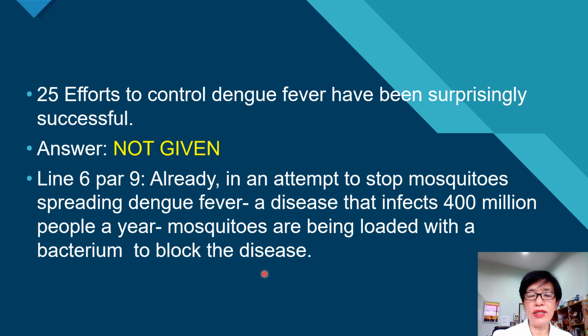But only that. There is no information to tell us if these efforts have been surprisingly successful. Well, this paragraph doesn't say. And that's why the answer is not given. There's no statement in this paragraph to support this statement.